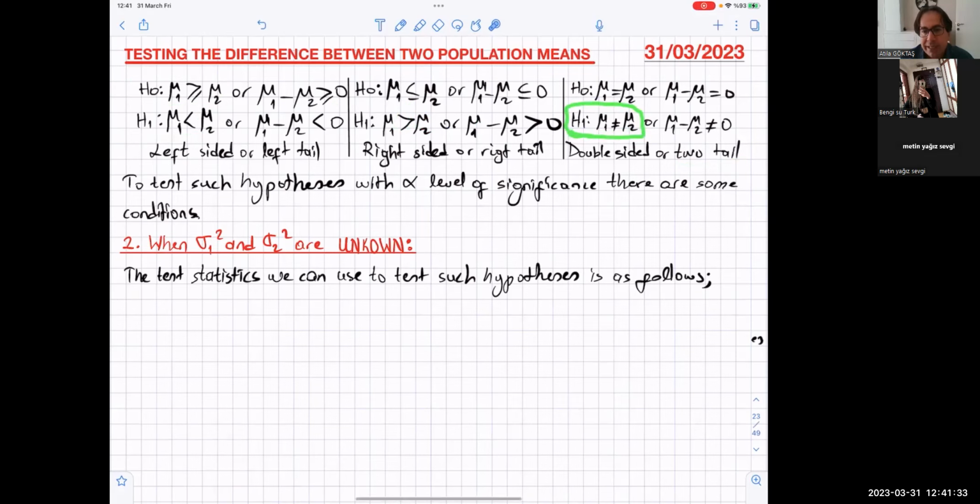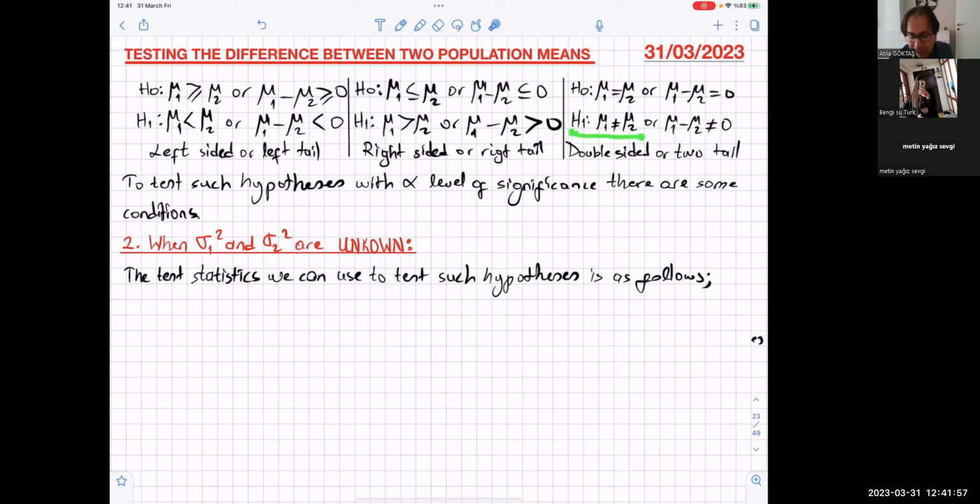If your claim is whether there is a significant difference, then you construct the alternative hypothesis to be not equal. You will understand from the exercise, from the question, whether you are going to construct a double-sided, left-sided, or right-sided test. It's easy.